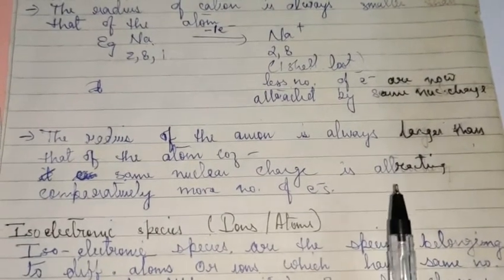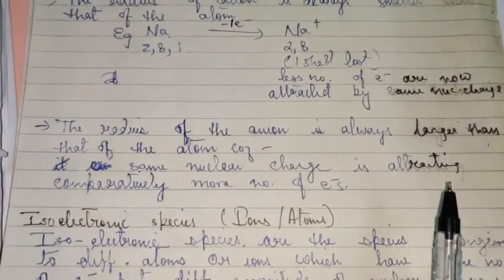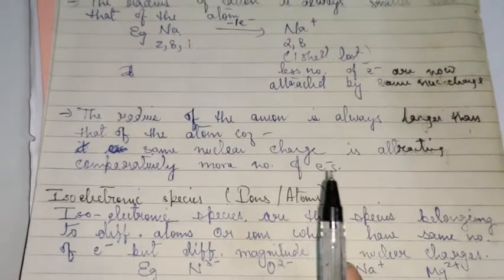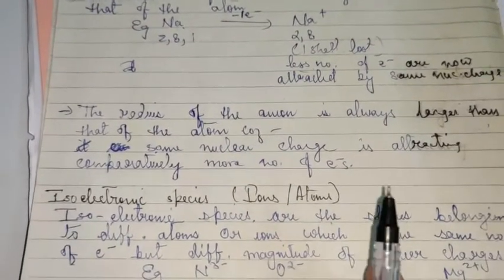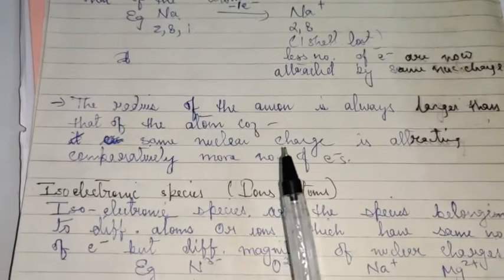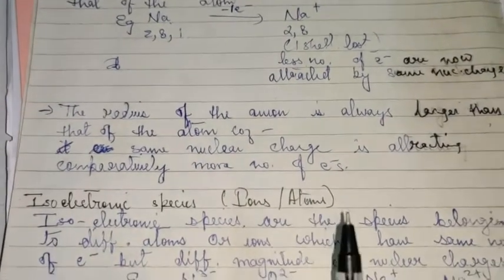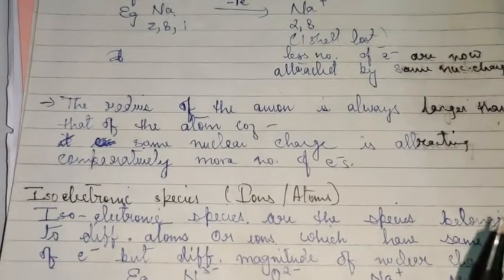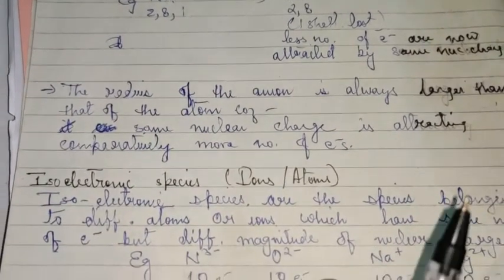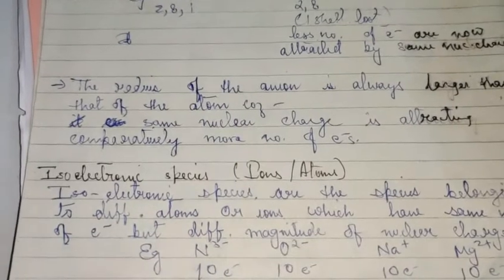So the number of electrons has increased in the valence shell, but the nuclear charge is the same. Now the same increased number of electrons are to be held by the same nuclear charge, so the attraction decreases. As a result, the ionic radii will increase. It will be more than the parent atom.